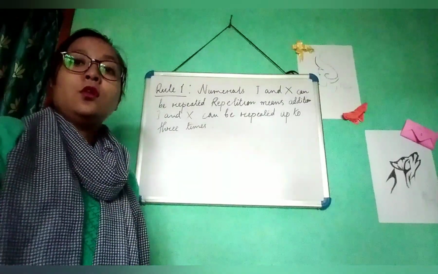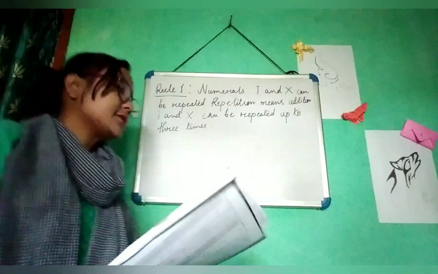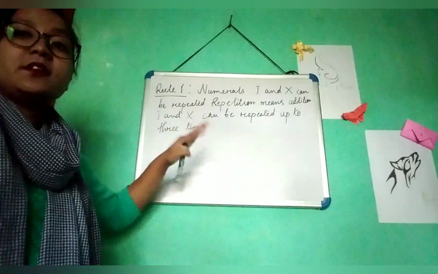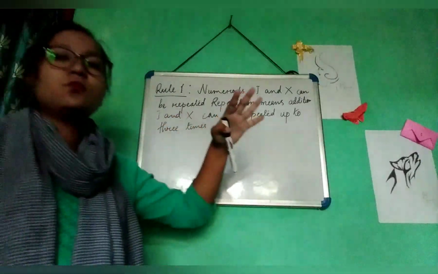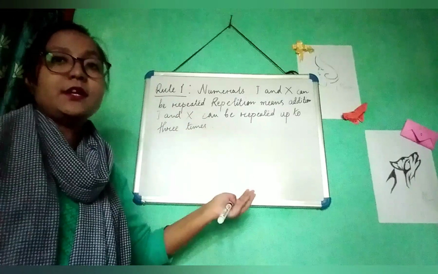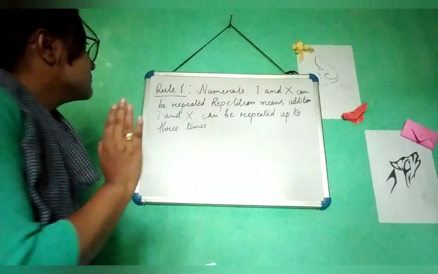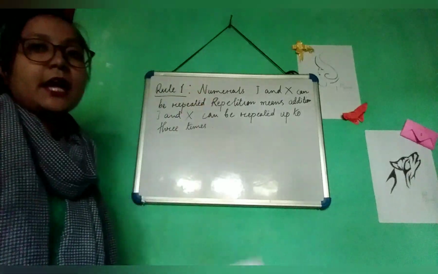The first rule for writing numbers is for 1 to 39. So we will learn how to write numbers till 39. There are more than that, but basically they have given till 39.